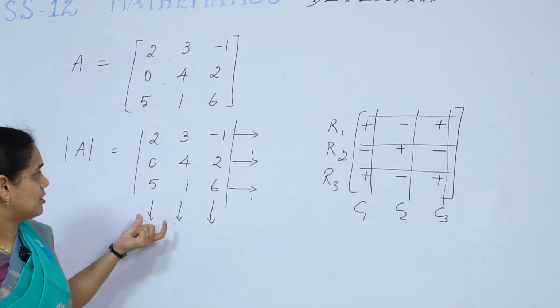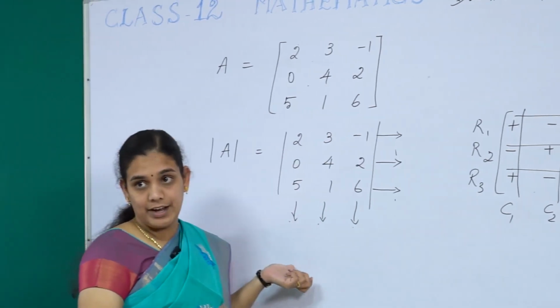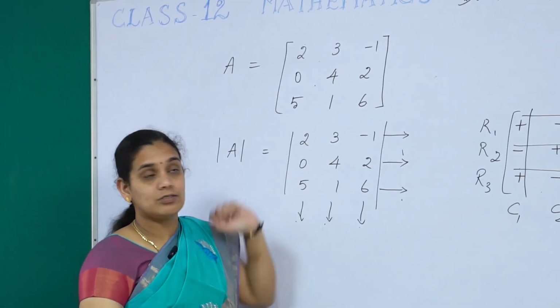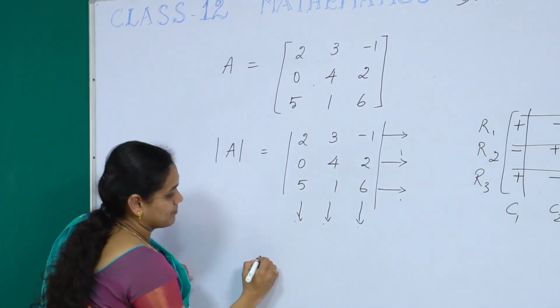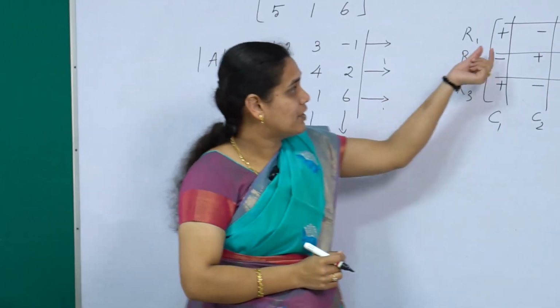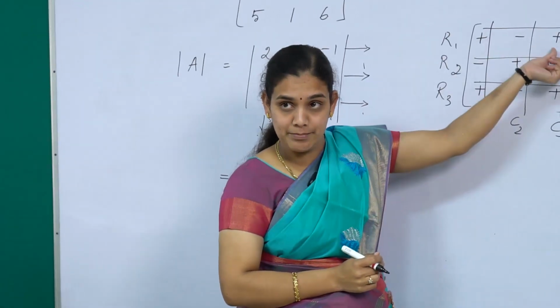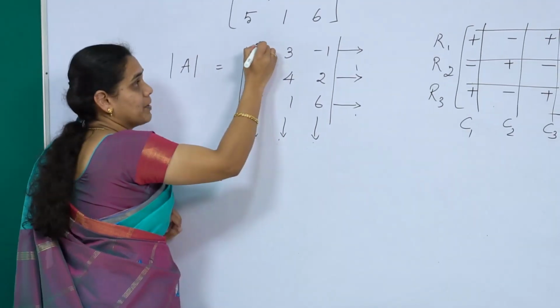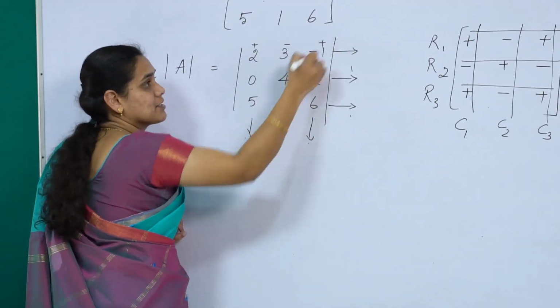Okay. Now let's see how to find the value of the determinant along R1. What signs are we going to give? Plus, minus, and plus.